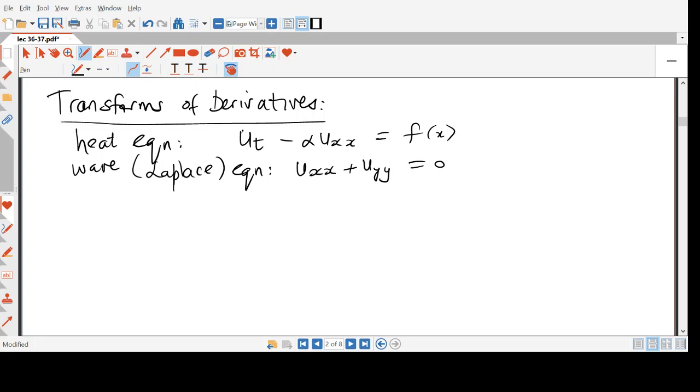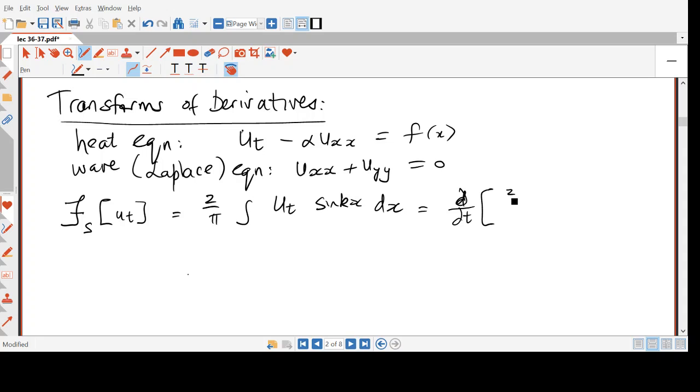Now, let's try to find the Fourier sine transform of u t. So that's 2 over pi integral of u t sine kx dx. And since we are doing dx, this can be written as d dt of 2 over pi integral of u sine kx dx.